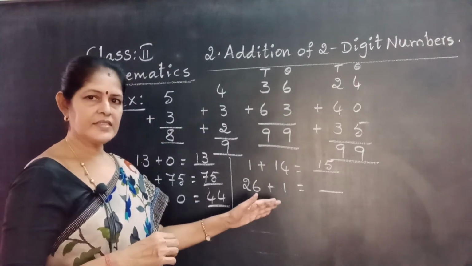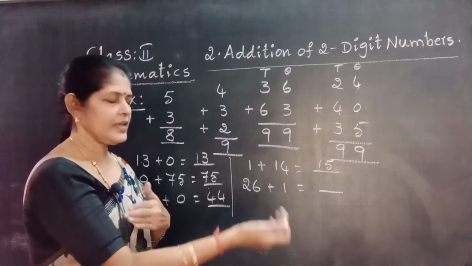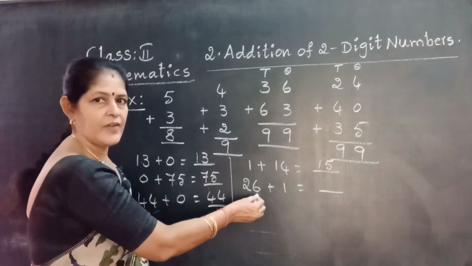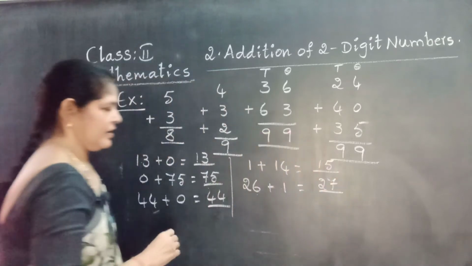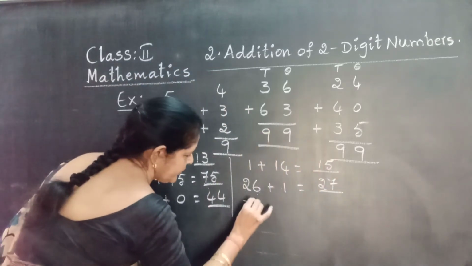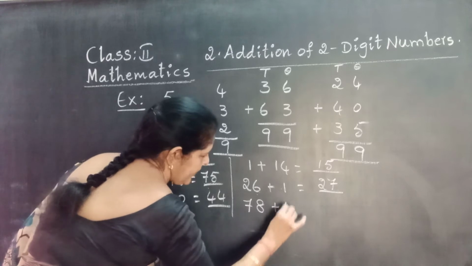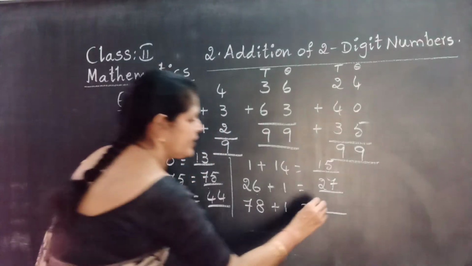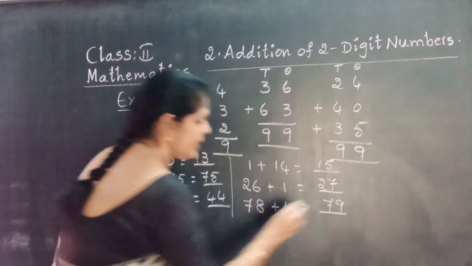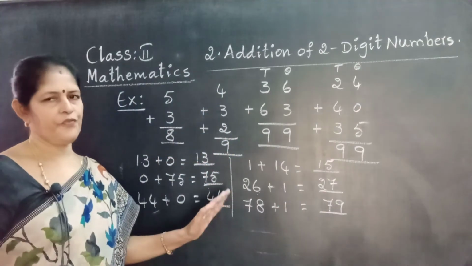Plus 1 means the next number of the given number. Here the given number is 26. 26 after, 27. Very good. Another one, 78 plus 1. What is the total? Very good, 79. These are the addition facts.